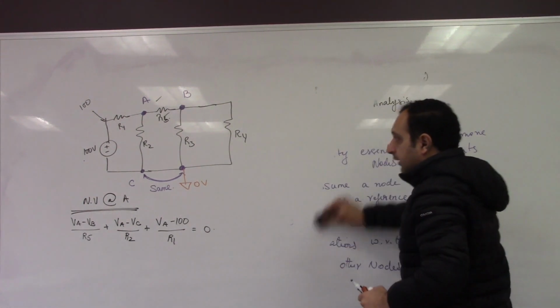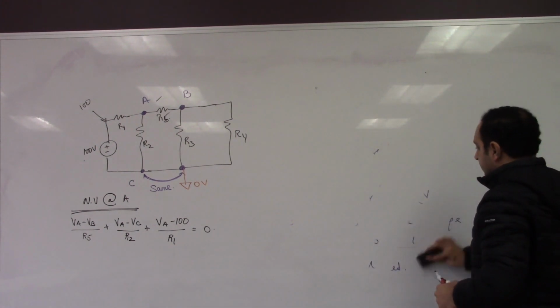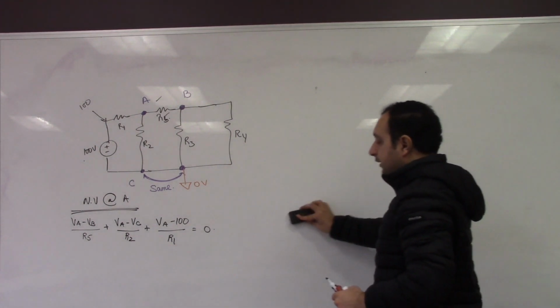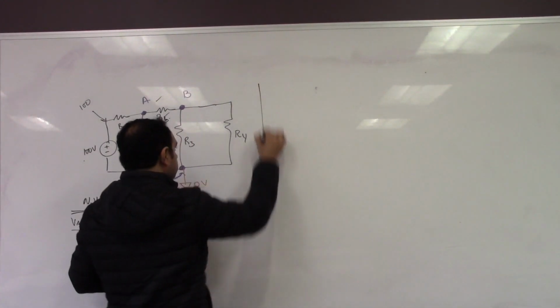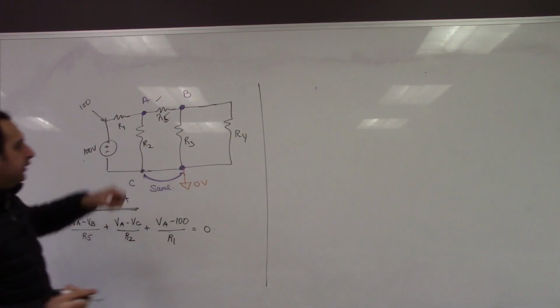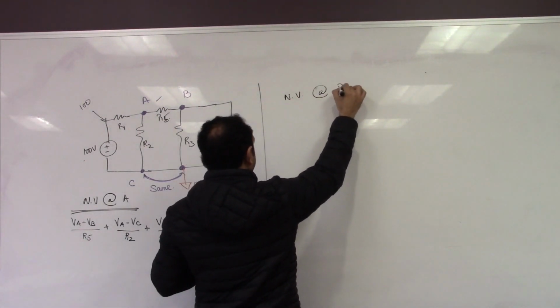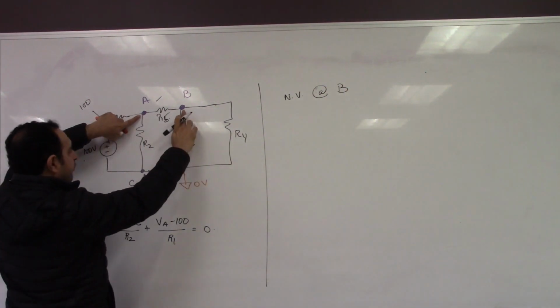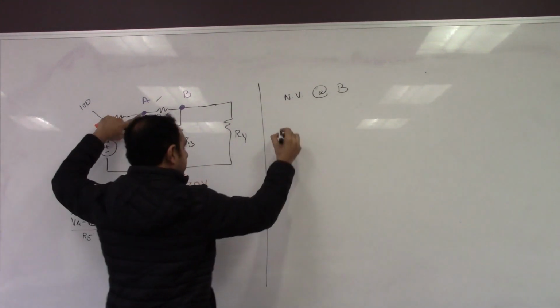Okay, I want you to try writing for VB, the node voltage at B. When you write the node voltage expression for B, B comes first, so we'll do VB minus everything. Let me go here and say node voltage at B. We'll start once again from here: VB minus VA divided by R5.